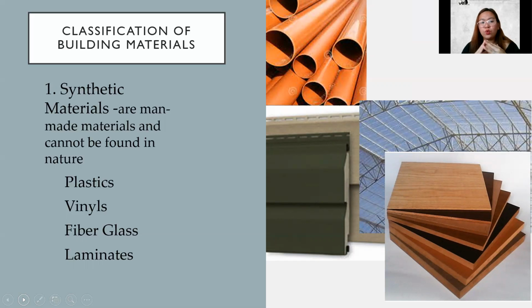Comparing these two, I think the benefit of natural materials is, syempre, organic siya, di ba? Yun nga lang, kay synthetic materials mas tumatagal yung materials kasi nagkakaroon na siya ng processing.